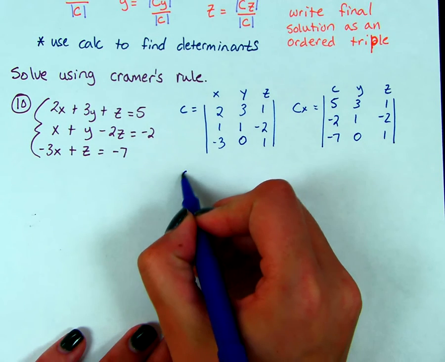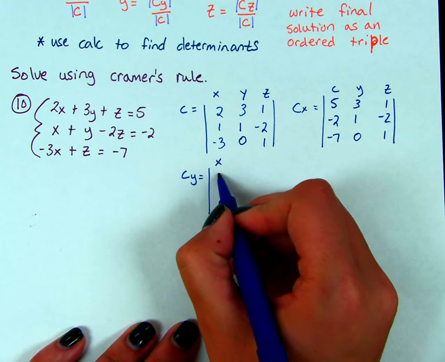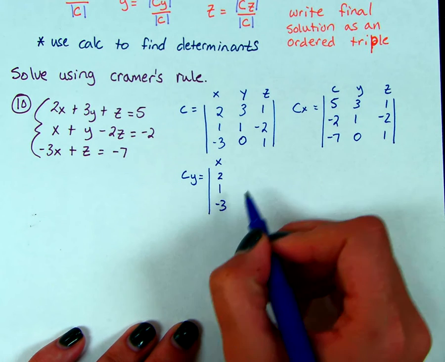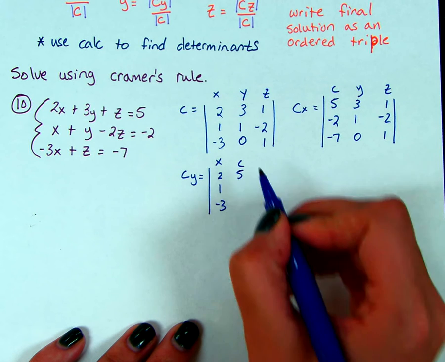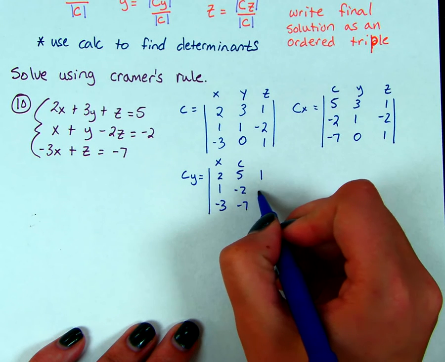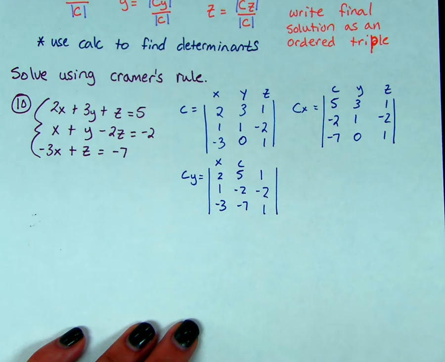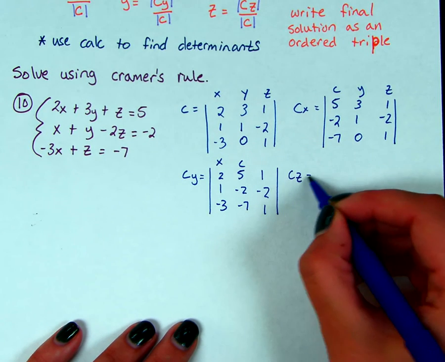All right, so next we have our Cy matrix. So x will stay the same, so 2, 1, -3. We're replacing the y column with our constants, so 5, -2, -7. And our z column is going to stay the same. And then our last matrix that we need to set up is Cz.